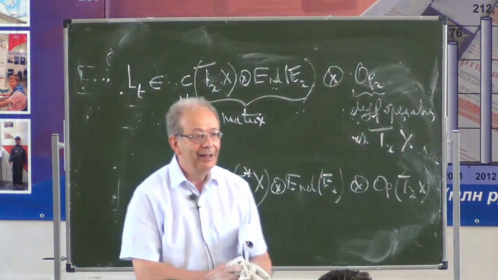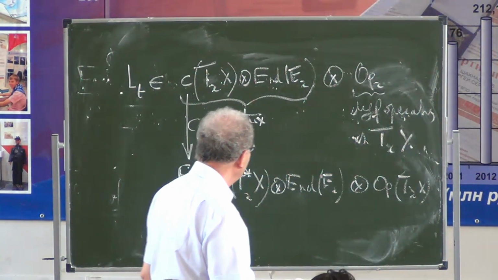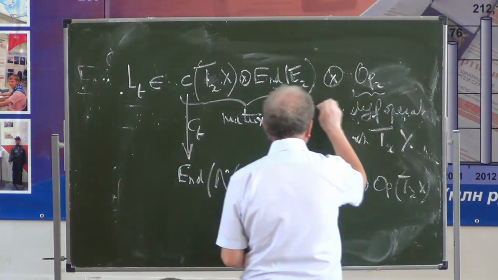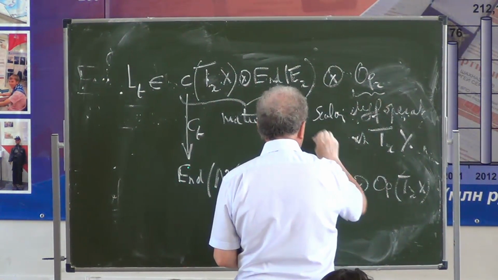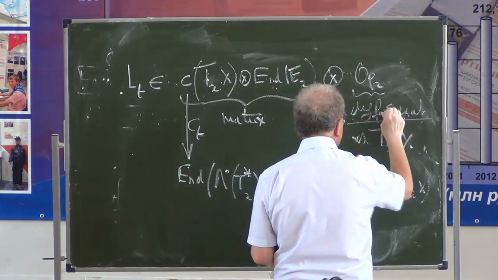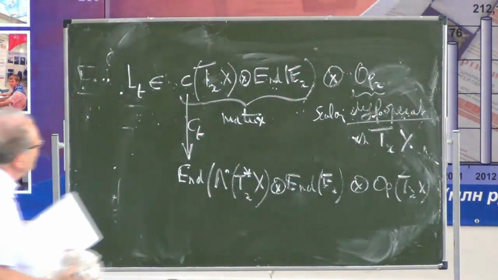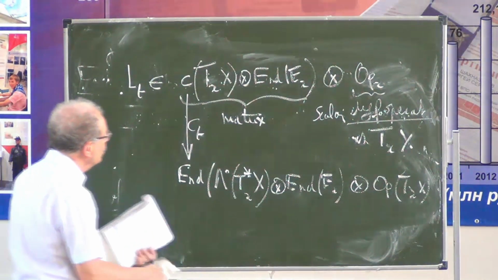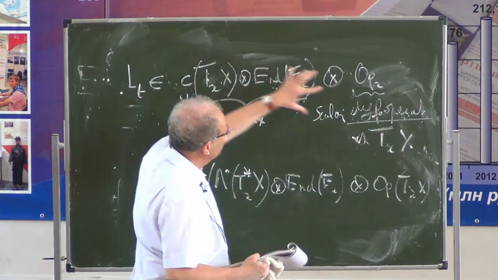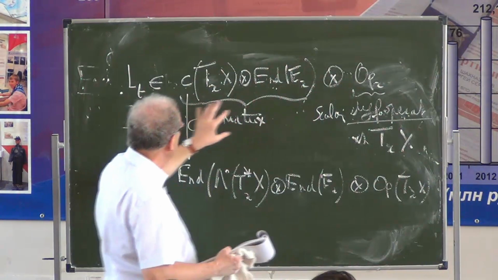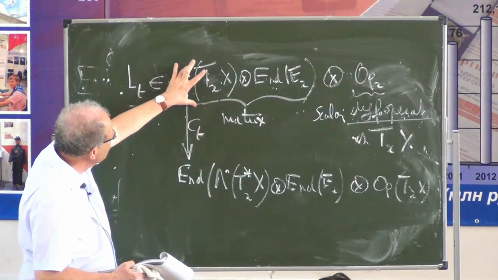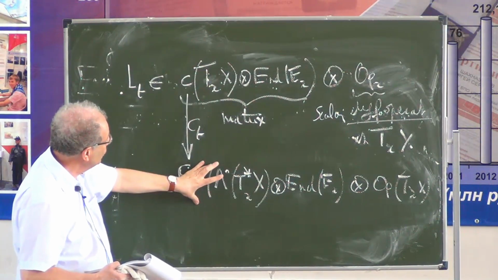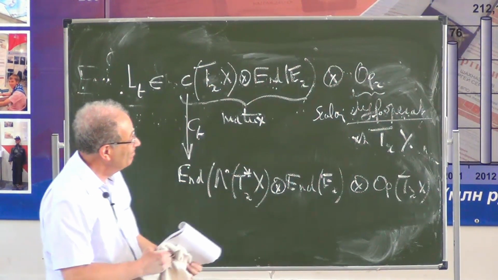Scalar differential operators. So in other words, any differential operator acting on a vector space, not a vector bundle, is a matrix of differential operators. So the matrix part acting on the spinors, I wrote it as Clifford algebra, and now I map the Clifford algebra to the endomorphisms via this representation.